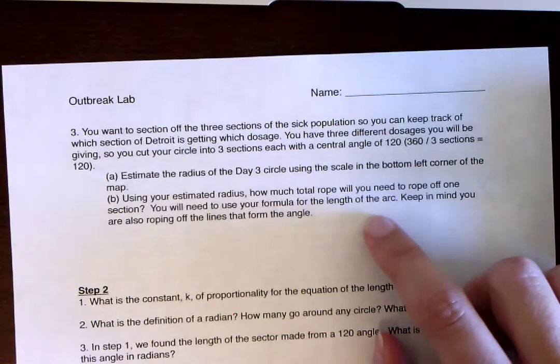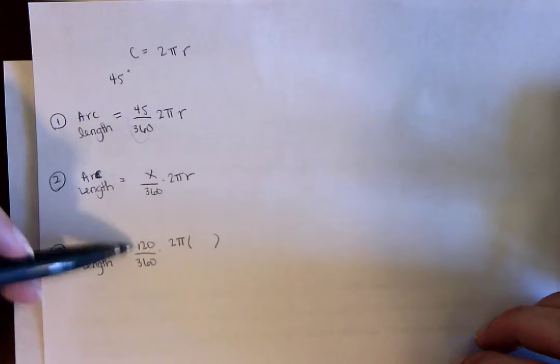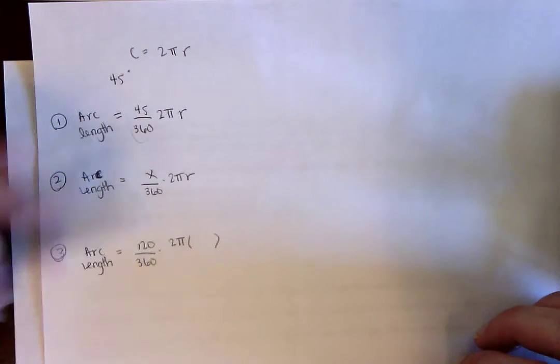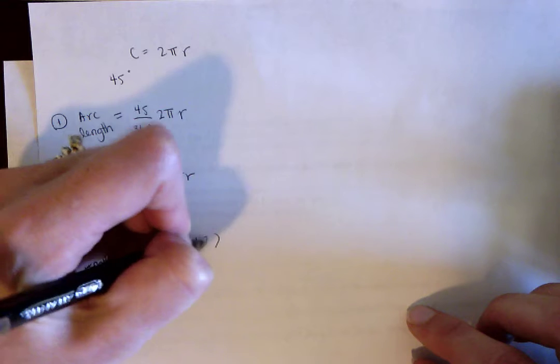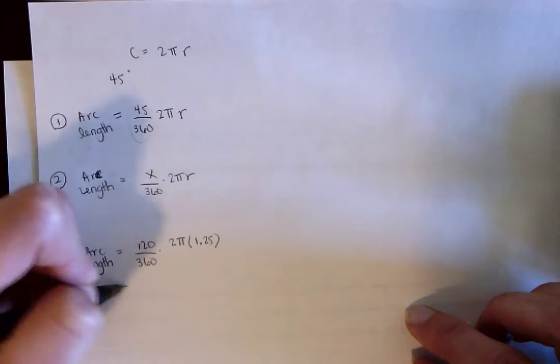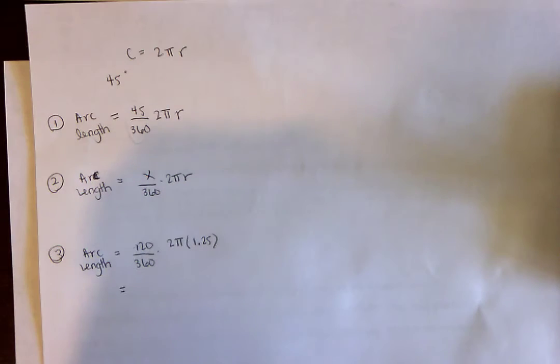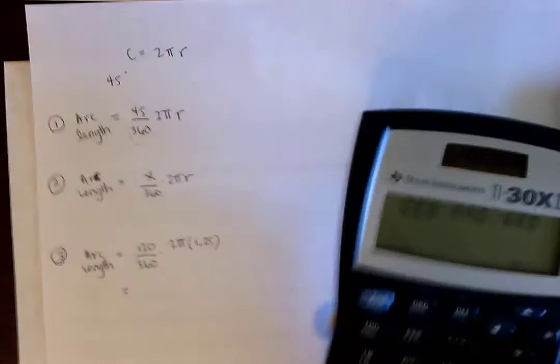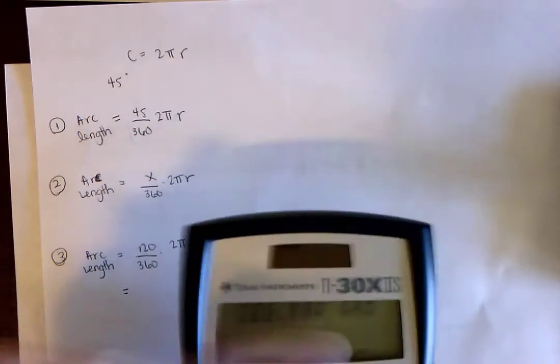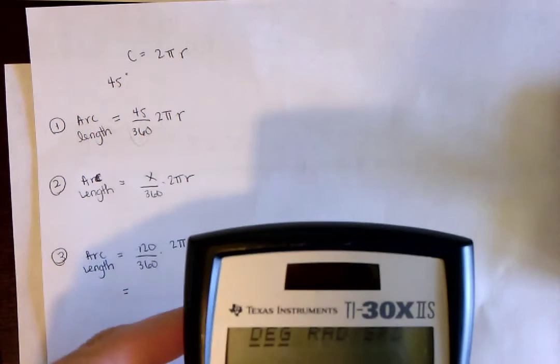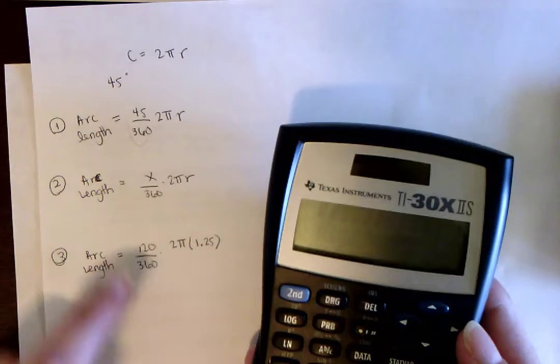So this is what we have to do then. It's a 120 degree sector, and then that's 2 pi times 1.25. If I put this in my calculator, I can do degrees or radians, either one, but I'm going to do this. So this is a third.